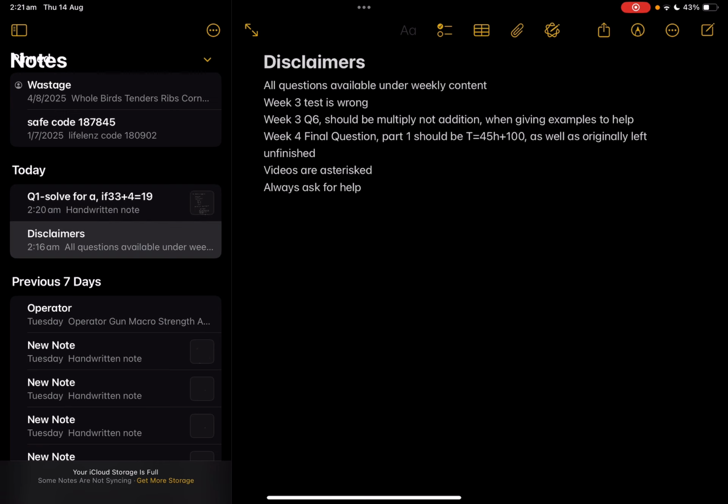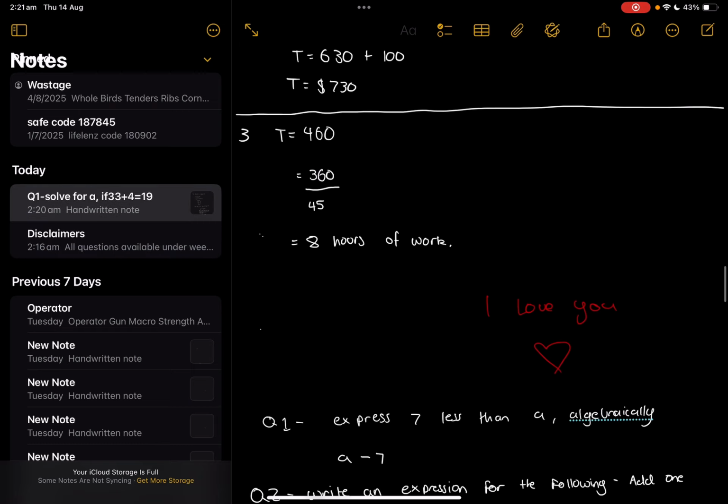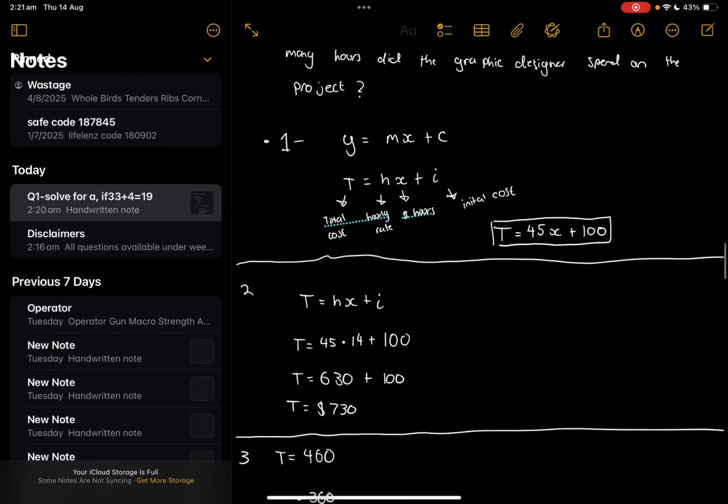The other question I got wrong was the final question on week 4, part 1. I initially say that this bit here is the final answer, but it is not.